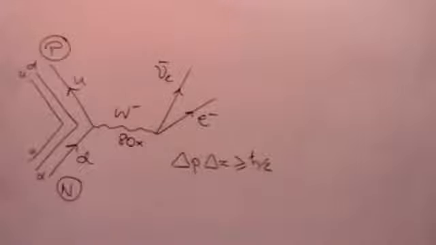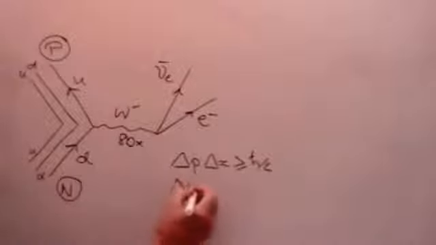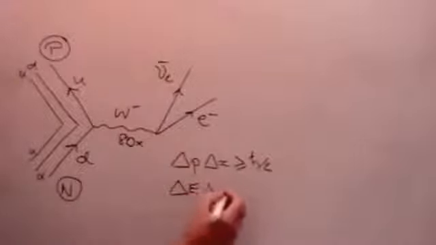We developed that in quantum mechanics concepts. But there is another version of that principle that says that delta E delta t is less than h bar. And what we're saying is that you can have an uncertainty in energy over an uncertainty in time as long as it's less than h bar.